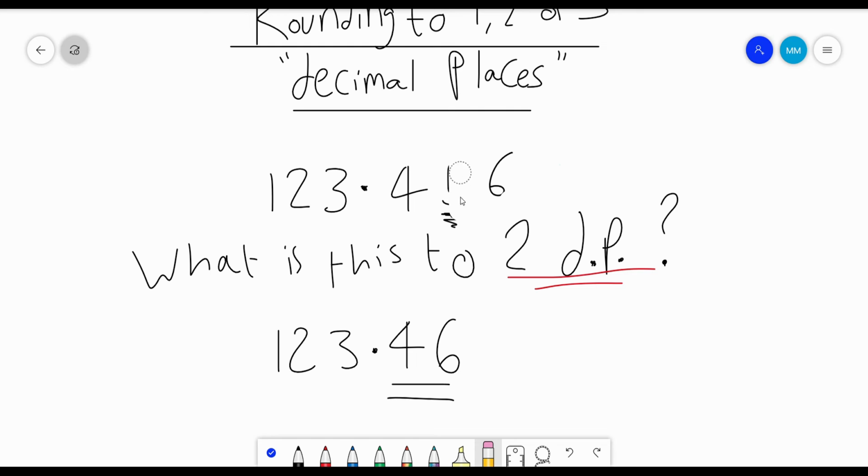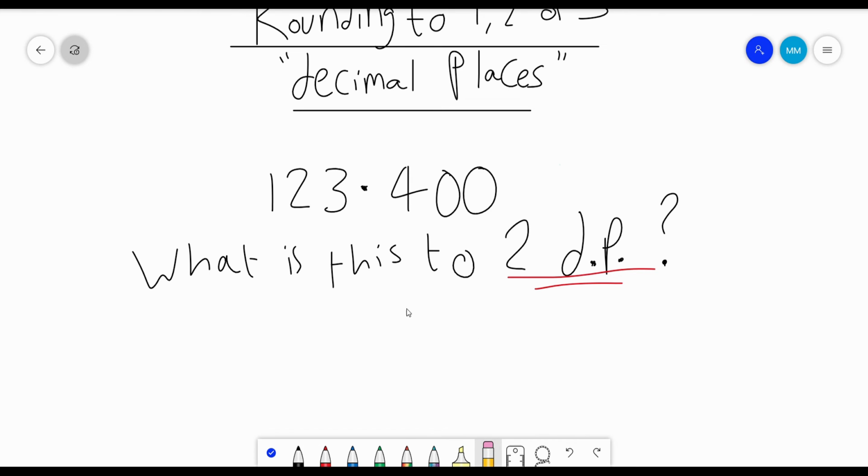Let's say you get a question like this, and you're asked, what is this to 3 decimal places?